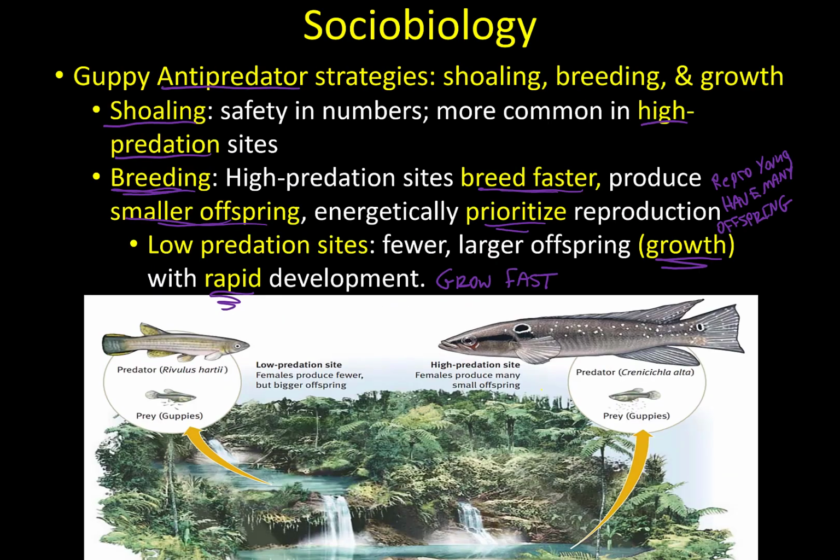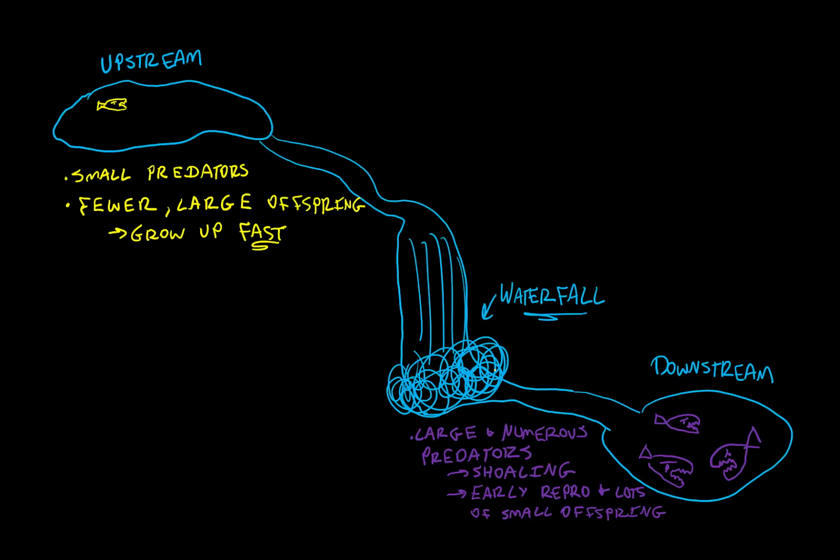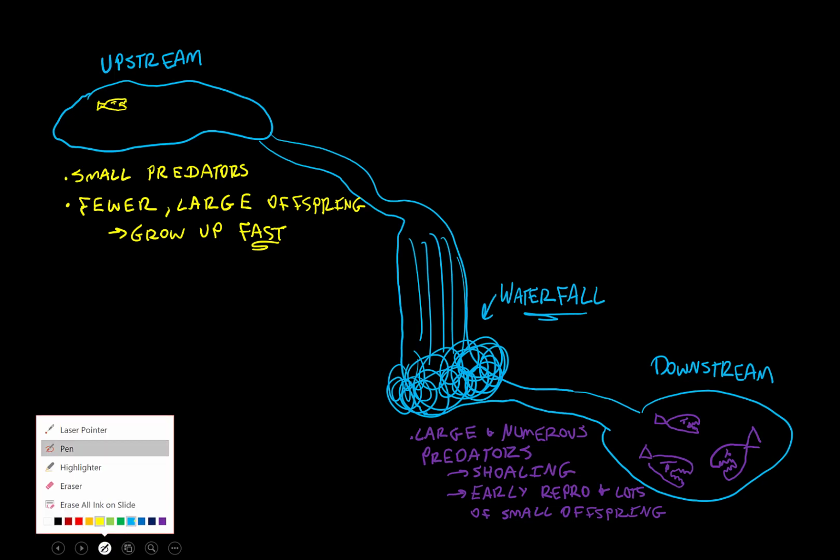So what does this mean? Why is this important? We'll just look at the patterns, and we can explain why these behaviors exist. When you have small predators, one great way to survive them is to be the same size or larger. So I'm going to draw our guppies here in green.